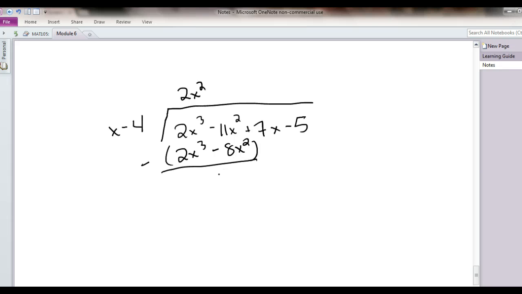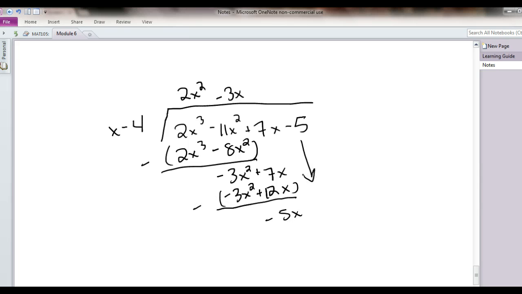We get minus 3x squared. Bring down the 7x. So we need minus 3x. Multiply, we get minus 3x squared plus 12x. Subtract, minus 5x. We bring down the minus 5.